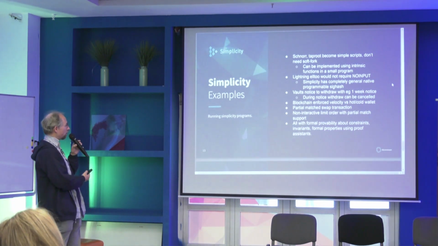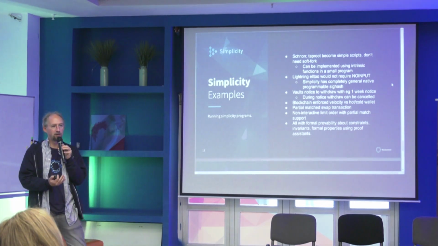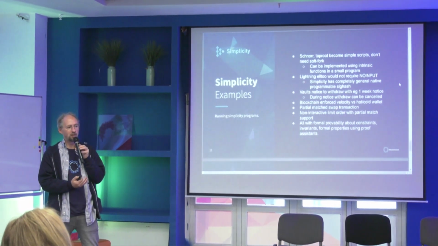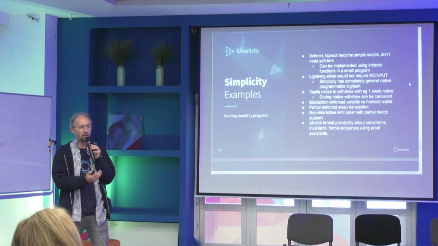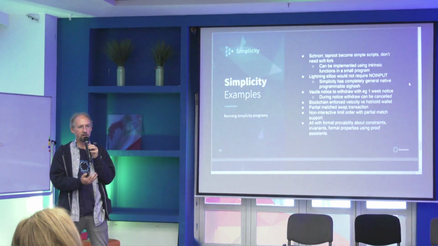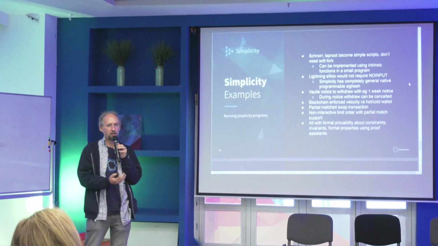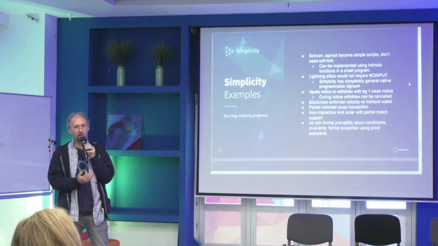So for example, what are current topics in Bitcoin? Schnorr signatures, Taproot. If you had Simplicity available today, you could implement Schnorr without needing a soft fork, because you could just directly implement it using the programming language. And as we've seen, even if you're going from the bit level, it's surprisingly compact.